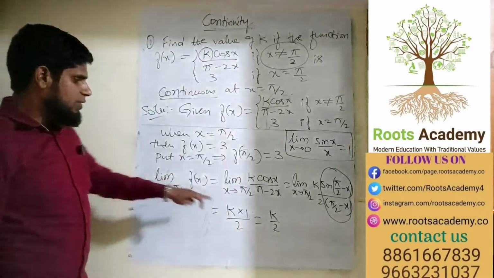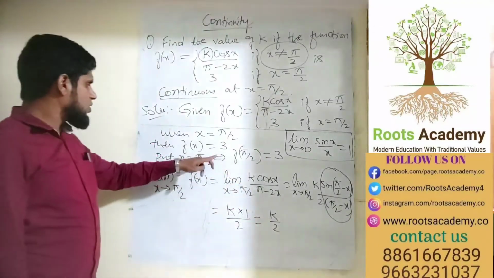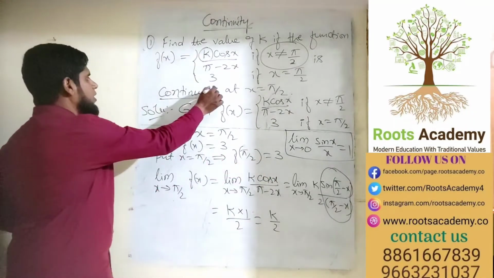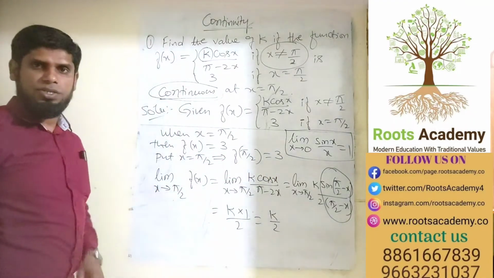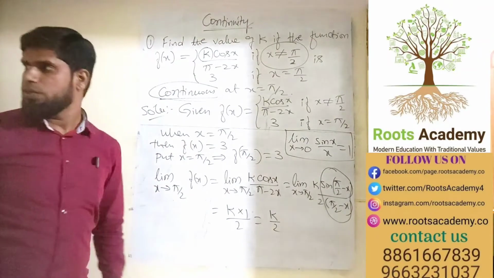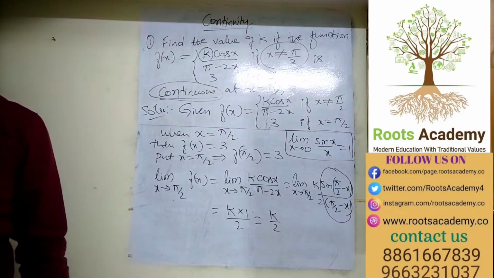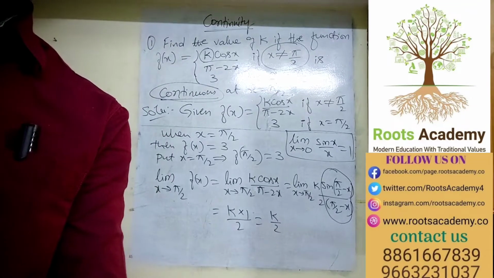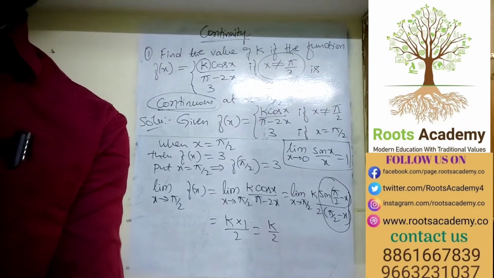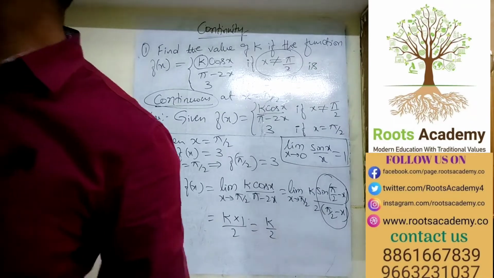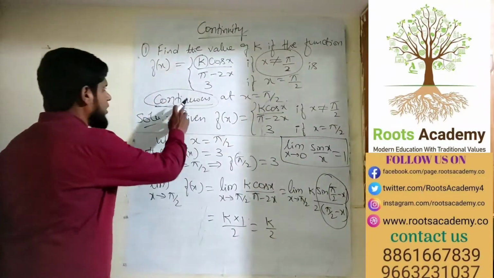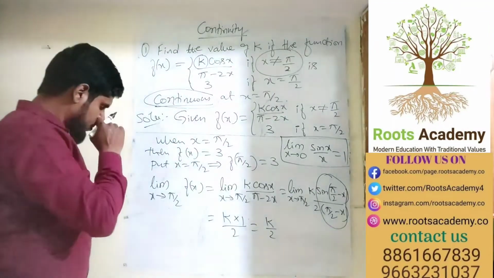So the limit value is k by 2, and the function value at x equal to pi by 2 is 3. We declare that it is a continuous function.